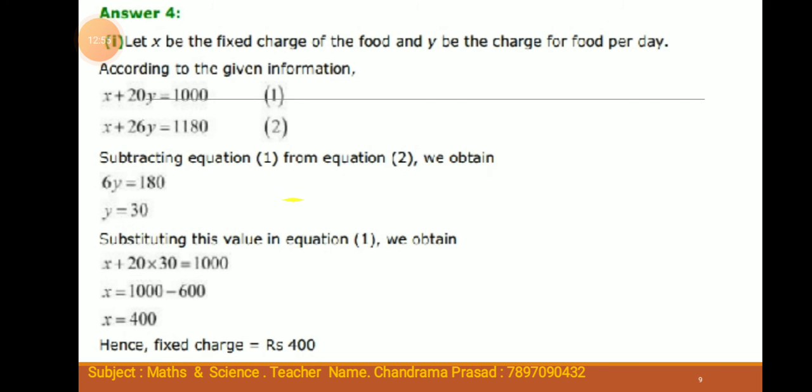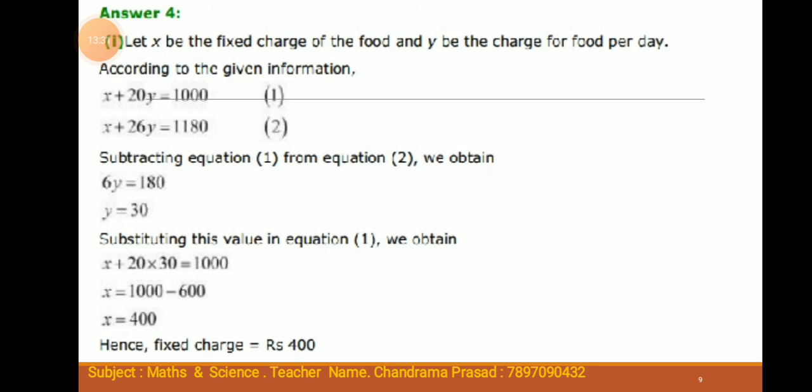Subtracting equation 1 from equation 2, we obtain 6y equal to 180, or y equal to 30. Substituting this value in equation 1, we obtain x plus 20 into 30 equal to 1000, or x equal to 1000 minus 600, or x equal to 400.